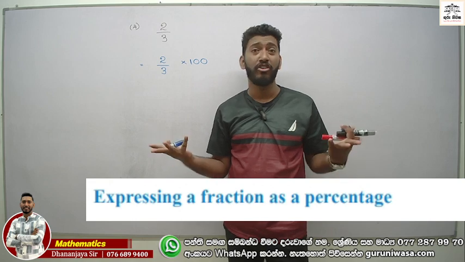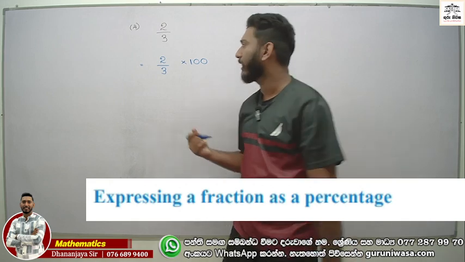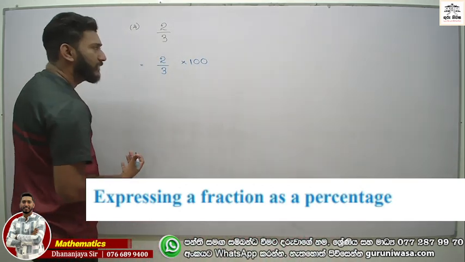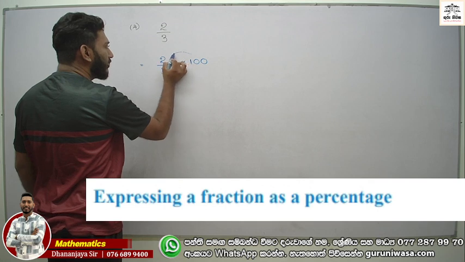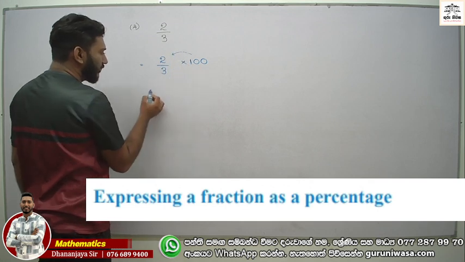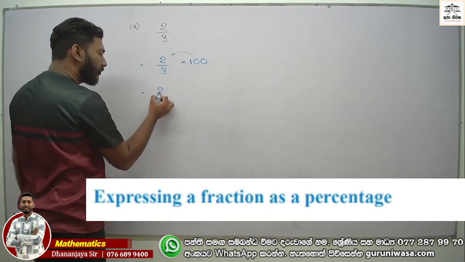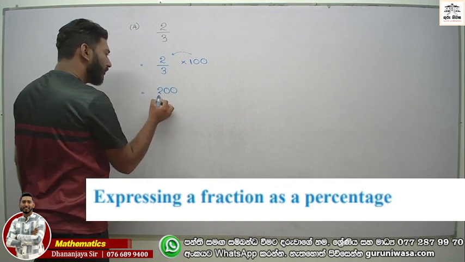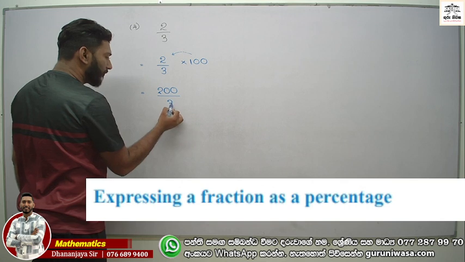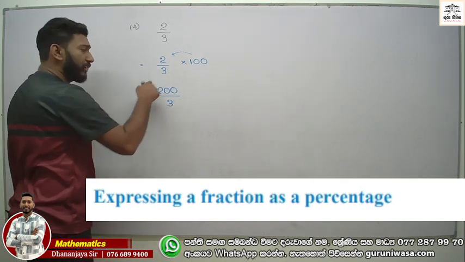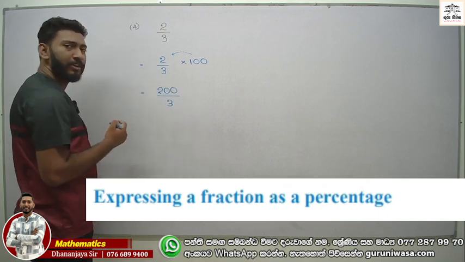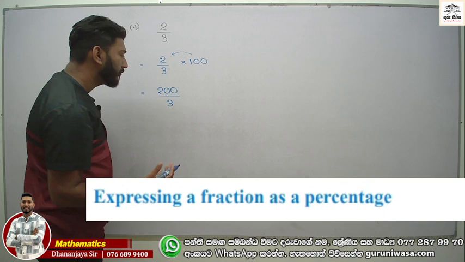So now what to do? Just multiply. Just multiply. How to multiply? 100 into the 2. Then the answer becomes 200 divided by 3. This is an improper fraction. Now we need to change it to a mixed number, right?